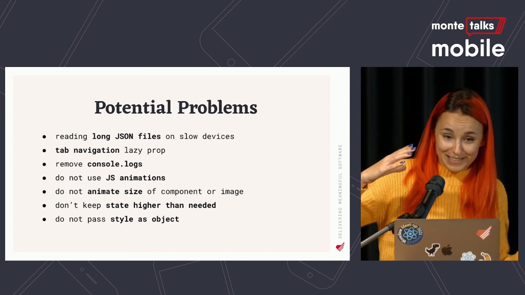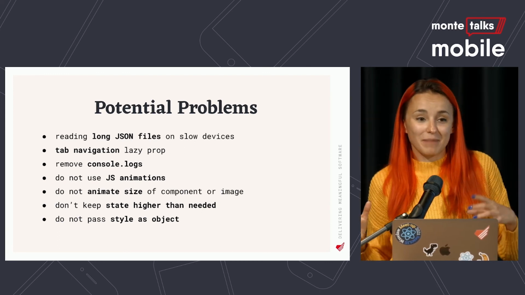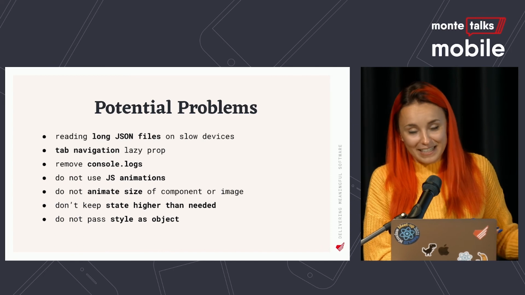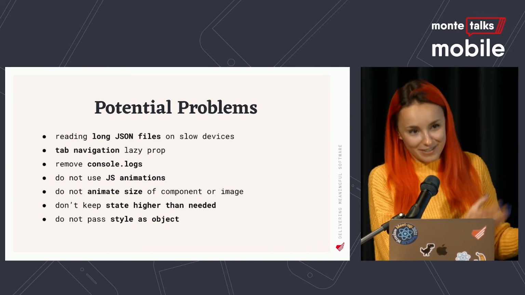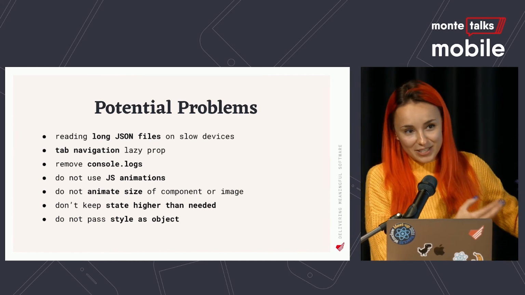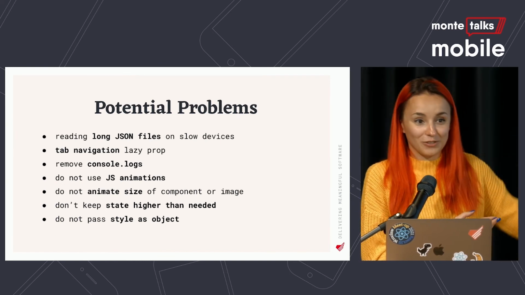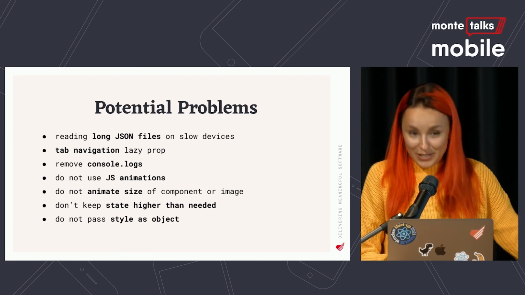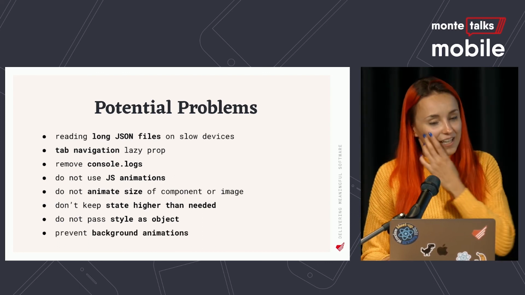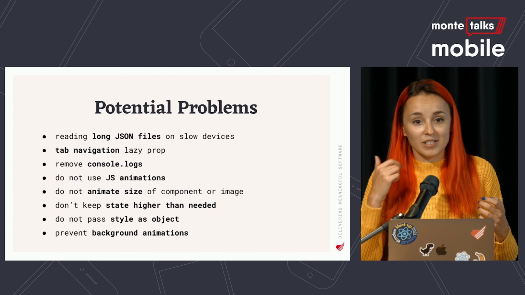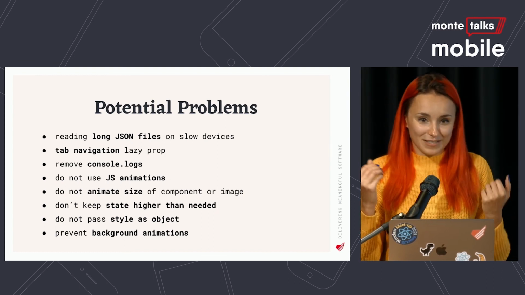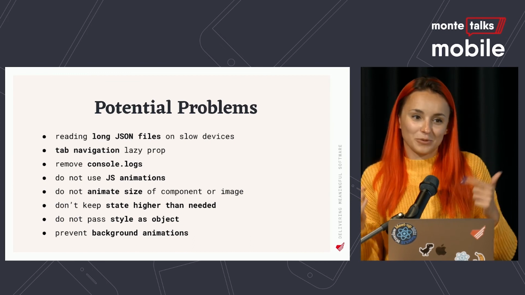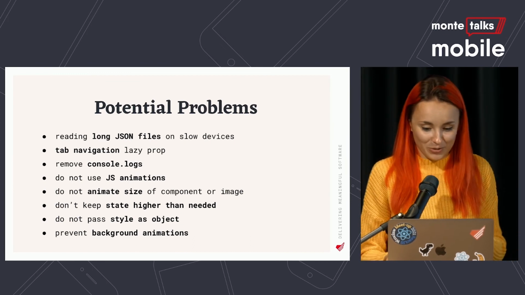It's bad because it's not clean code, but also because of what we discussed previously, it's a prop, and if you compare 2 objects to each other, they will never be equal. So basically what StyleSheet is doing for us is Object.freeze under the hood, so use it please. And prevent background animations, because you can leave your loader not visible but still doing stuff. So check that you're not doing that.